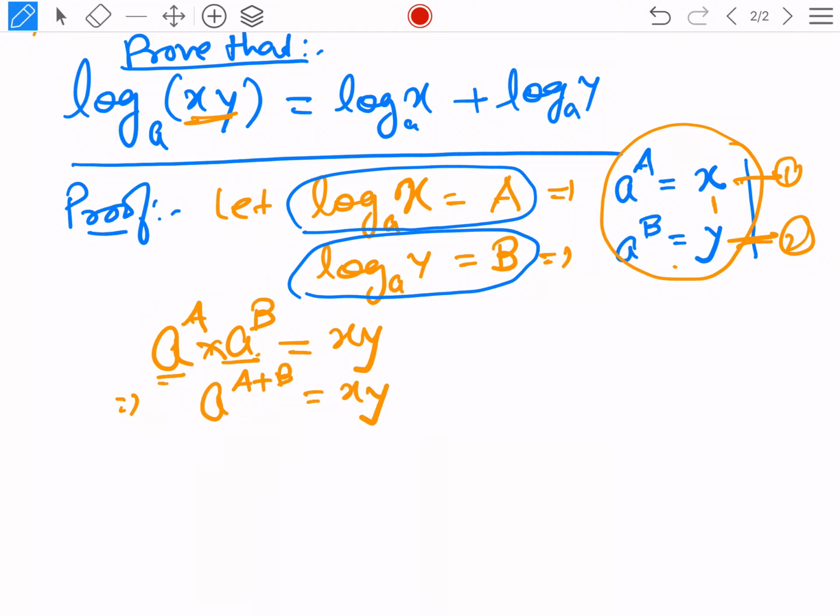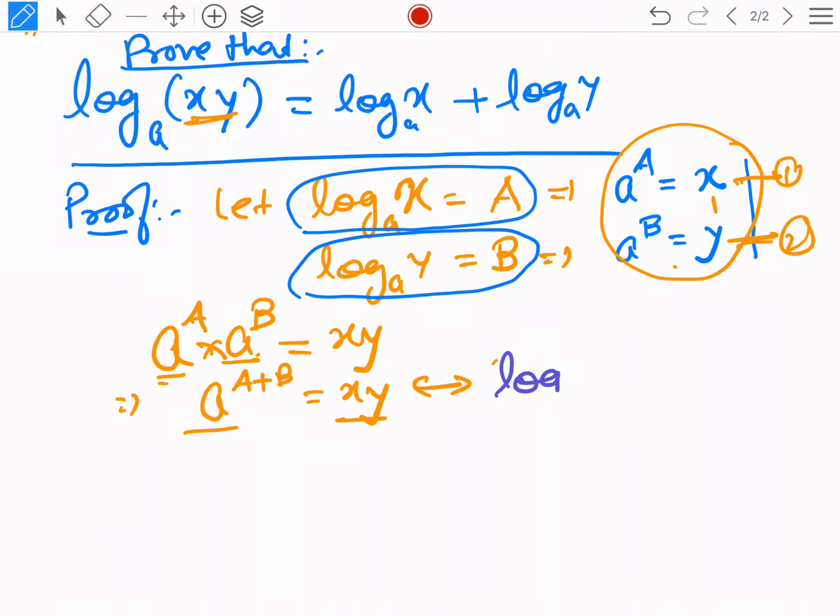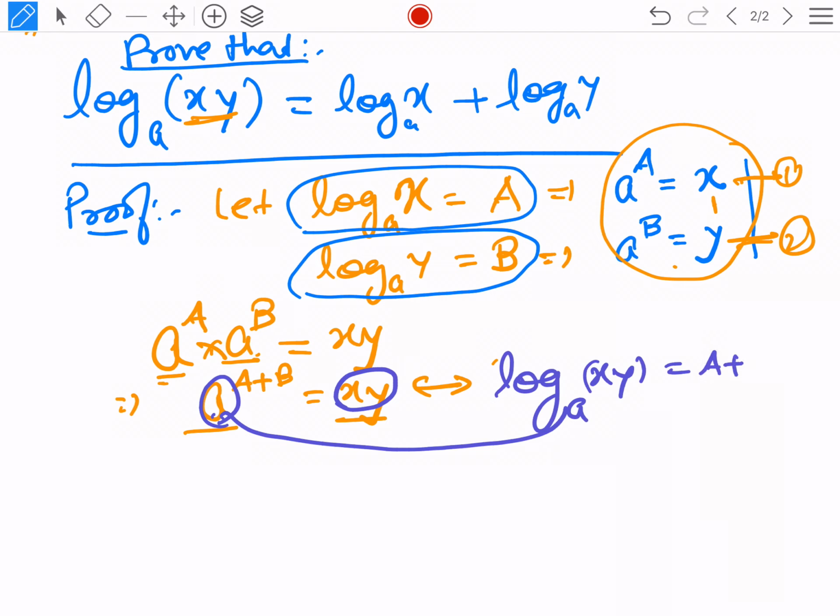Now again reconvert this expression into log form. It implies log of xy base a is equal to A plus B. So students, it is proved, because A is equal to log of x and B is equal to log of y.